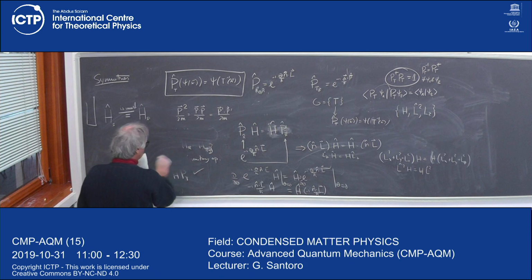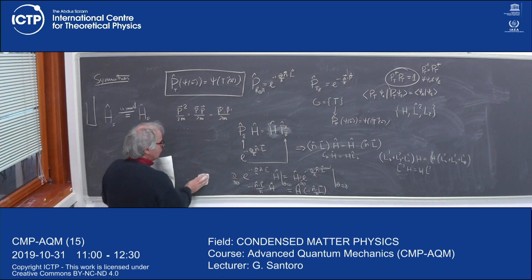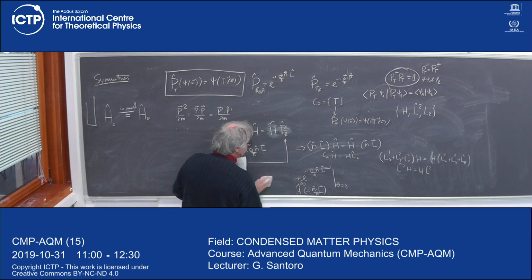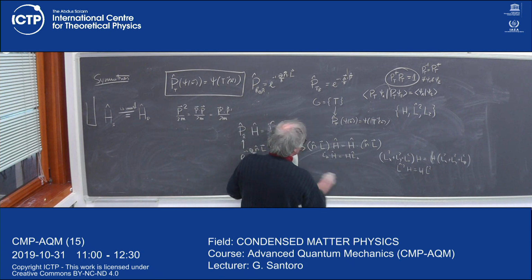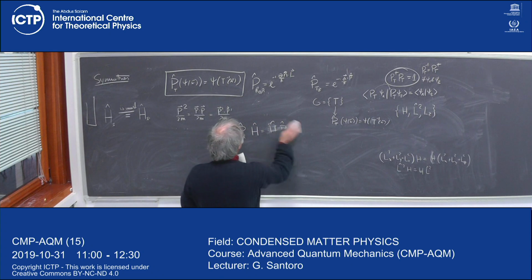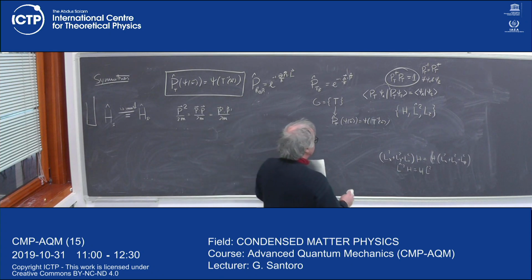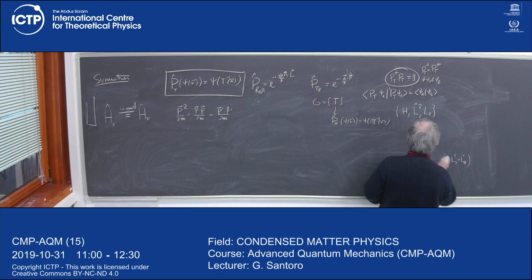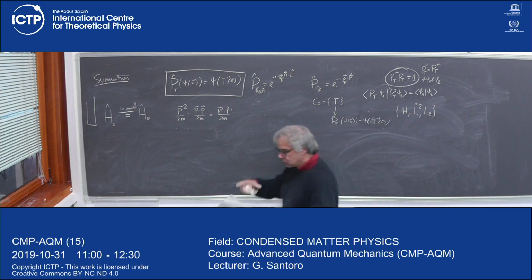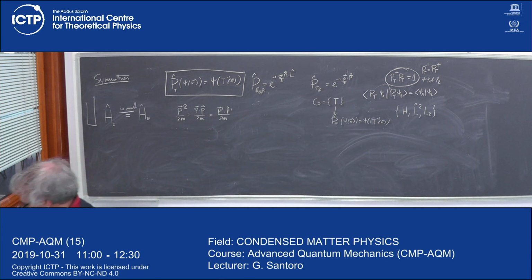The other important consequence is when you have to calculate matrix elements of operators. You might ask, why do I need matrix elements of operators? You will see. In perturbation theory, you will encounter repeatedly that you need to calculate some matrix element of an operator.